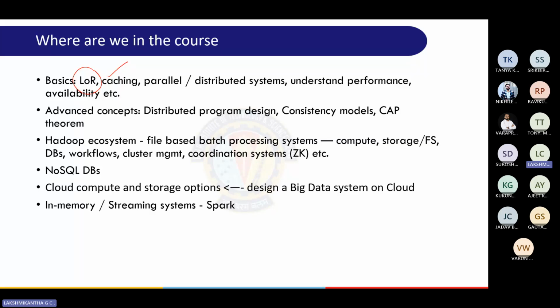And then we moved to advanced concepts, like distributed programming design. This is where we got into the complex world of distributed programming design and looked at different consistency models like eventual consistency, and of course spent quality time debating the famous CAP theorem.